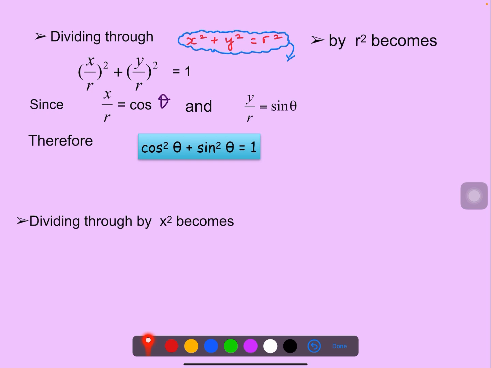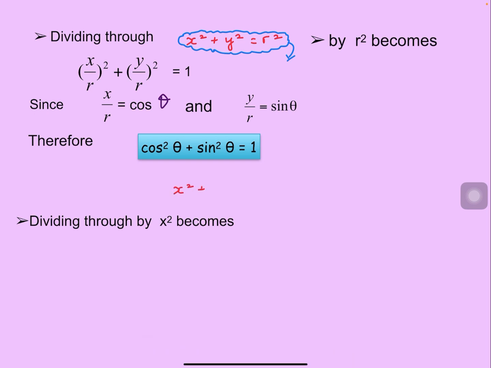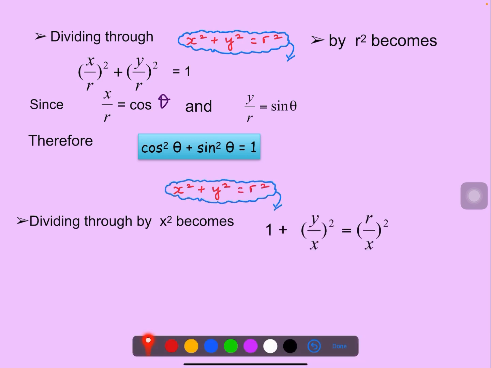Divided through by x squared, becomes 1 plus (y over x) squared equals (r over x) squared. So we have x squared plus y squared equals r squared, we divide by x squared. So you will have 1 plus y squared over x squared, r squared over x squared.